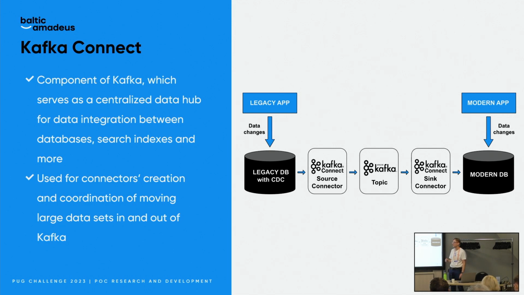Otherwise, it would just give us some pretty nasty errors. And the sink connector is used for just taking the data out of the topic and writing it to the modern DB. Now, this solution, if it would work, we wouldn't have to do anything from the ABL side, so no coding involved, which sounds like a match made in heaven.